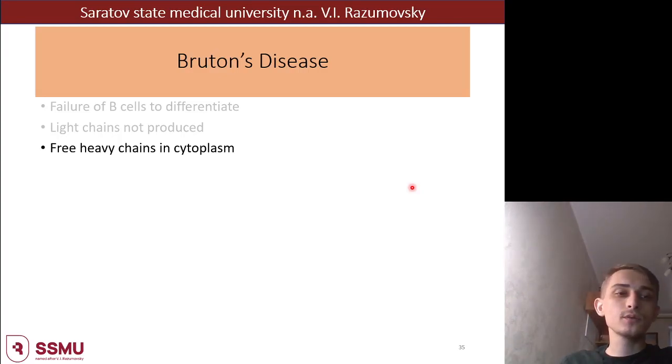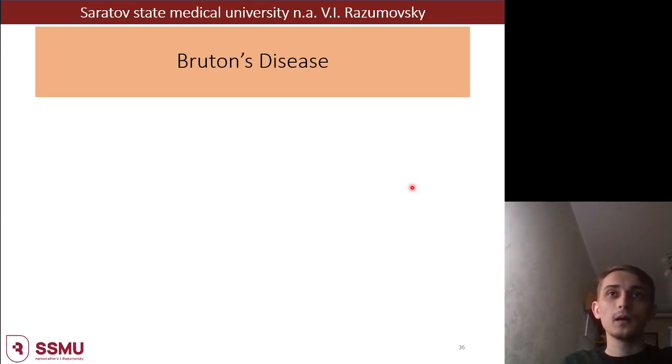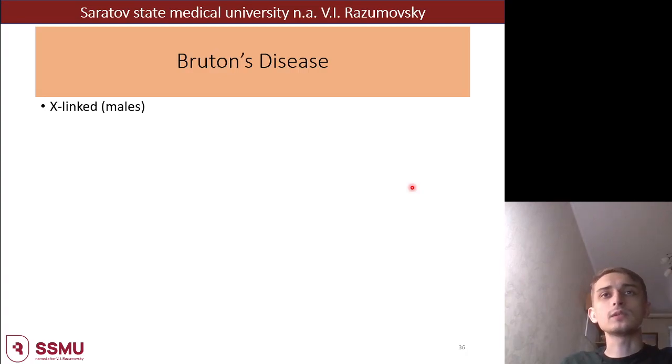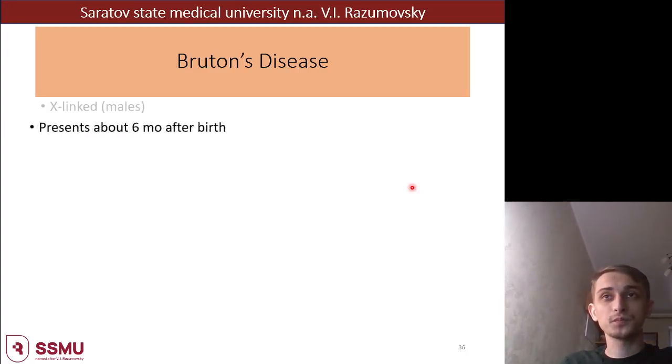It leads to problems of immunoglobulin reactions in our organism and depression of immune activity. Also, it is X-linked, mostly seen in males, a genetic disease associated with the X chromosome.